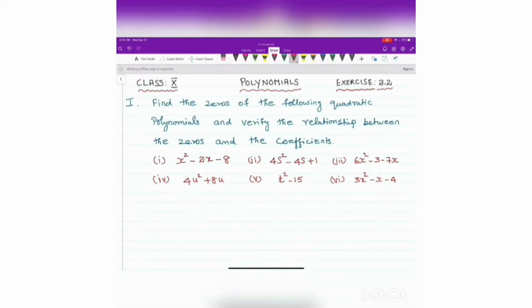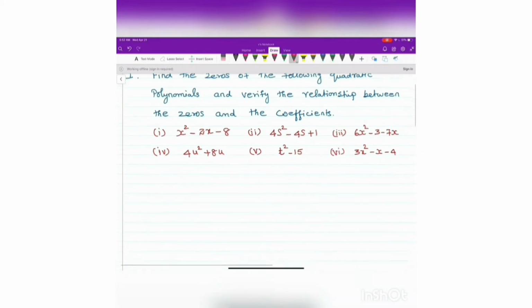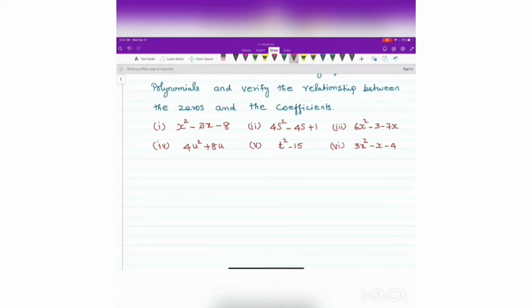Now let's do the first subdivision. x square minus 2x minus 8. Solution.